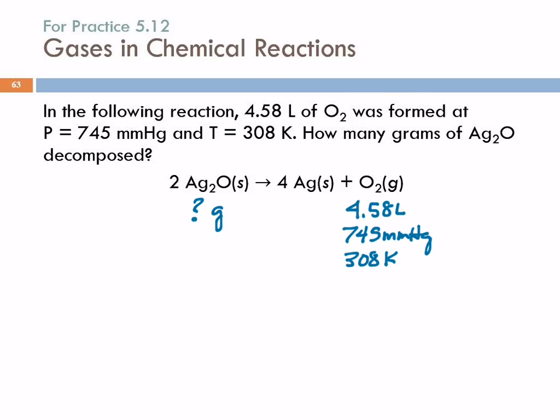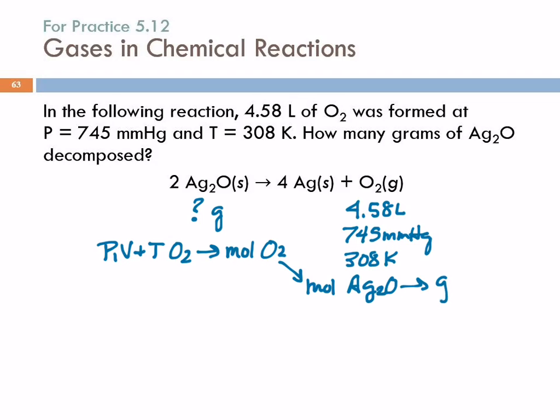So my path then is I'm starting over here. I've got pressure, volume, and temperature of oxygen. I need to go to moles of oxygen, and then I'm going to go to moles of Ag2O, and then I'm going to go to grams.